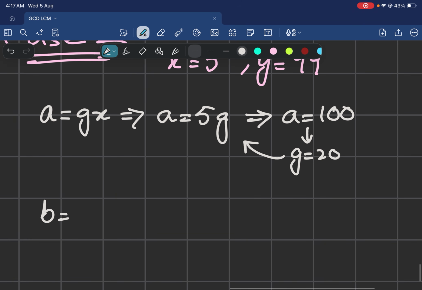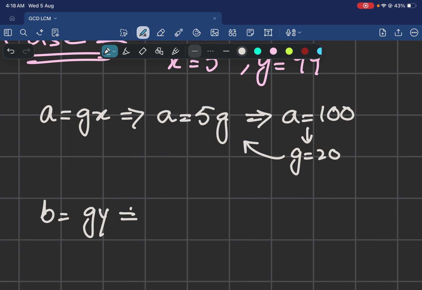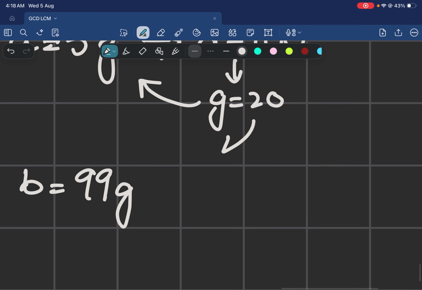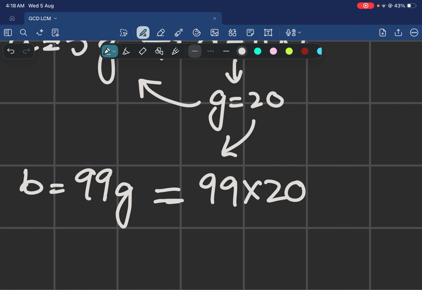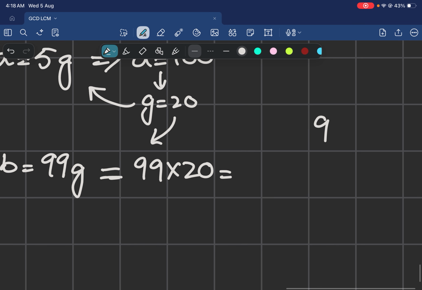Since b is g times y, and the value of y is 99, b is equal to 99 times g, and the value of g we chose is 20. So 99 into 20 is what?